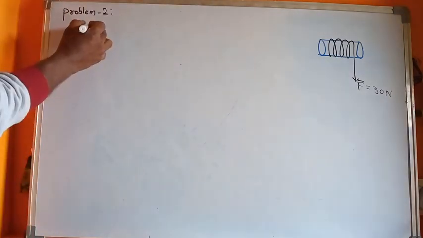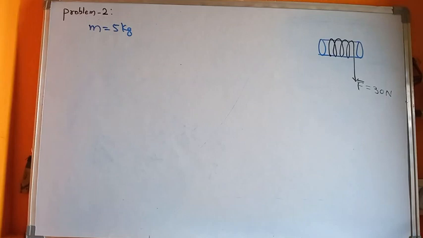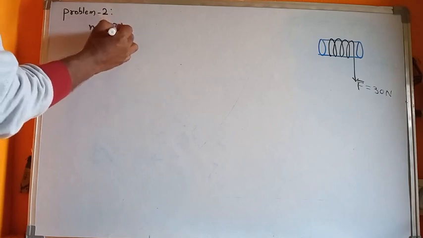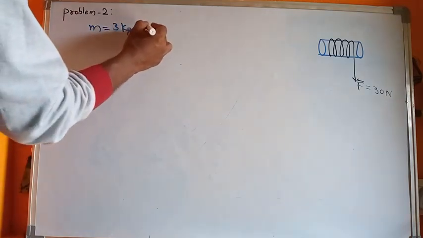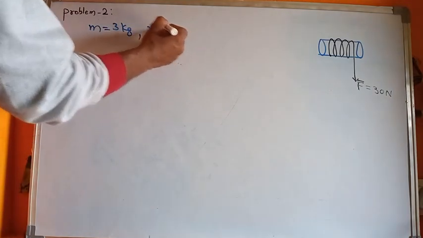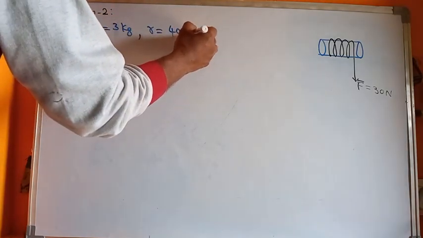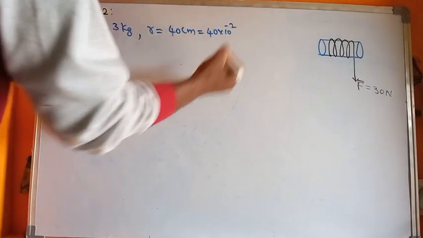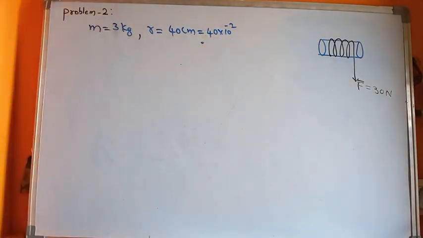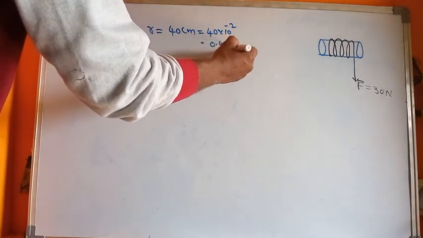Mass of the cylinder is 3 kg, and the radius r is also given, that is 40 centimeters, which is 40 times 10 to the power of minus 2, so this is equal to 0.4 meters.